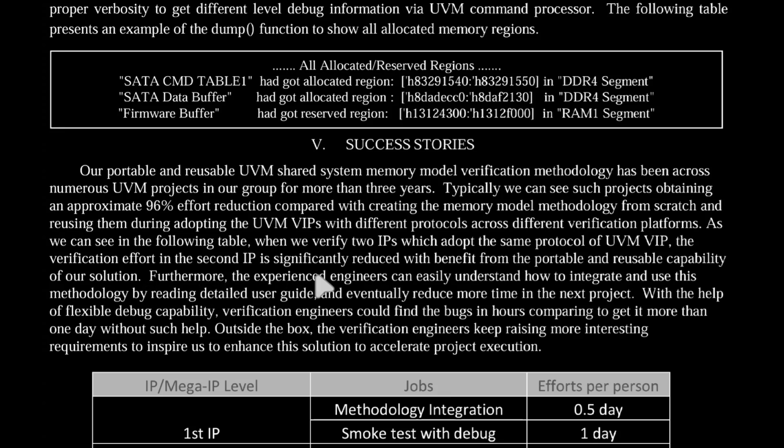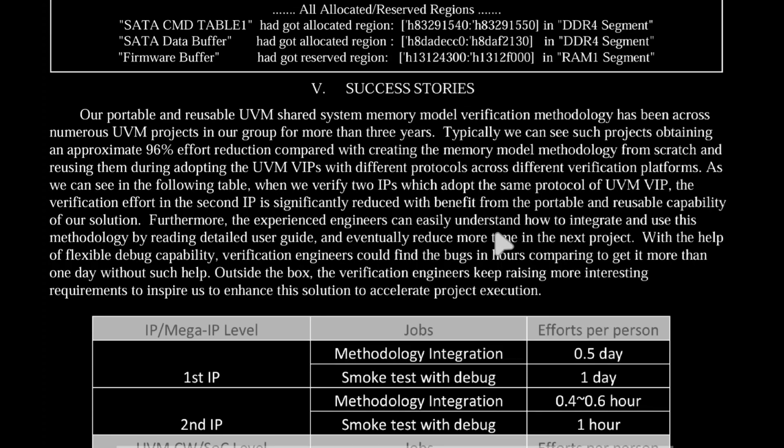Furthermore, experienced engineers can easily understand how to integrate and use this methodology by reading the detailed user guide, and eventually reduce more time in the last project. With the help of the flexible debug capability, verification engineers could find bugs in far less time, compared with more than 1 day without such help.